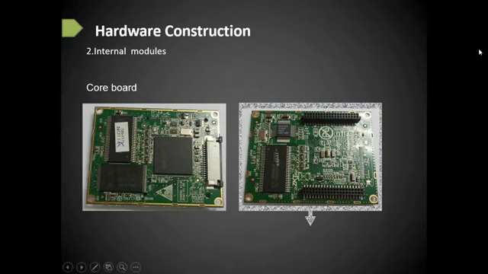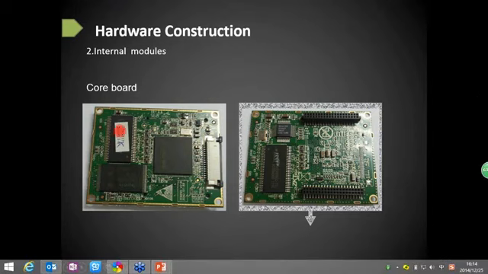You can see some chips on the core board, including the CPU, the flash, and the RAM chips, and a lot of arrays.